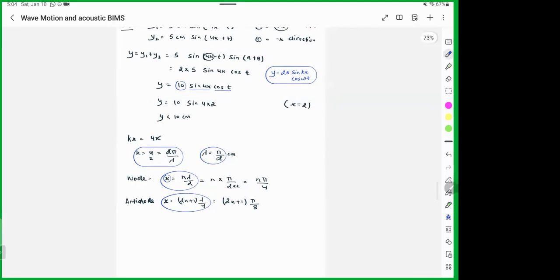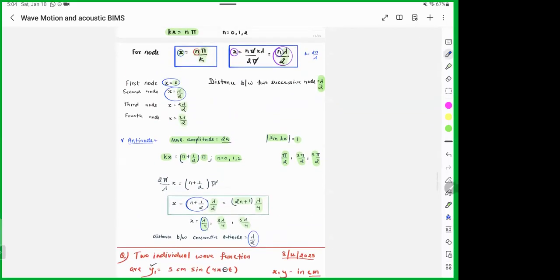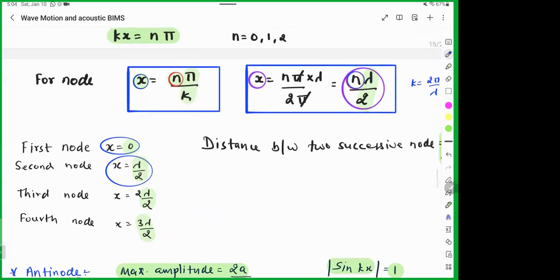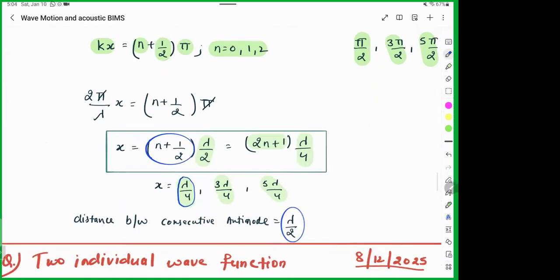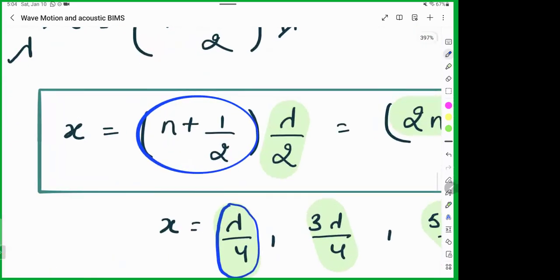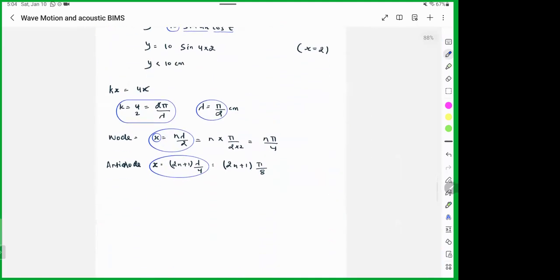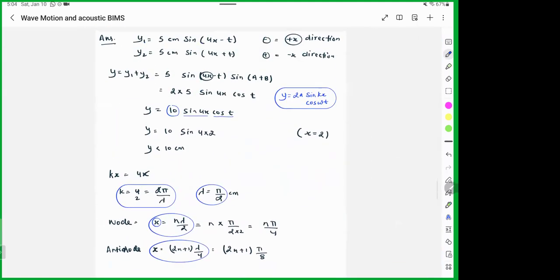Okay. So the formula you understand here is extremely important. Here n lambda by 2, here n plus 1 by 2 lambda by 2. Any doubt, guys? Ask your question.